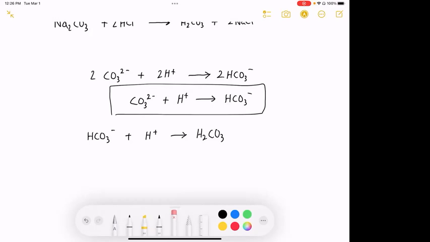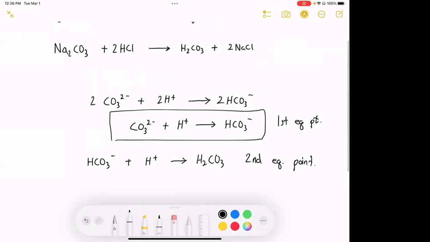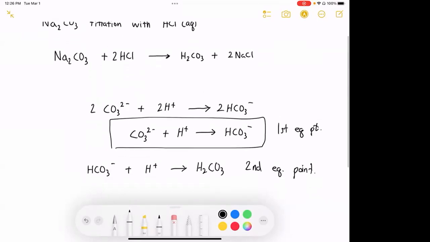So this will be our first equivalence point, and here's our second equivalence point. Okay, so in the titration, we go to a first equivalence point. We're adding the first proton first, and then we're going to add the second proton at the second equivalence point. So this is our reaction here.